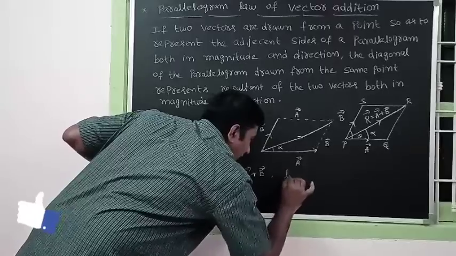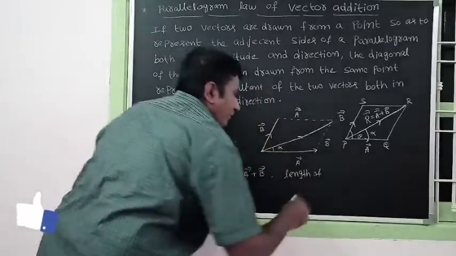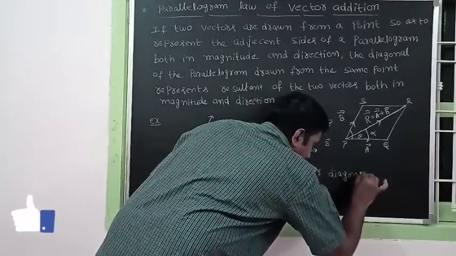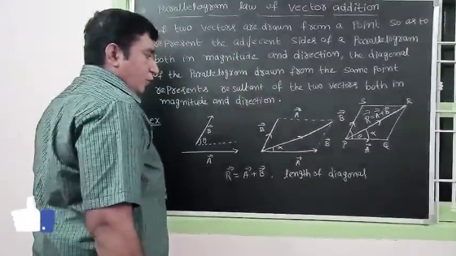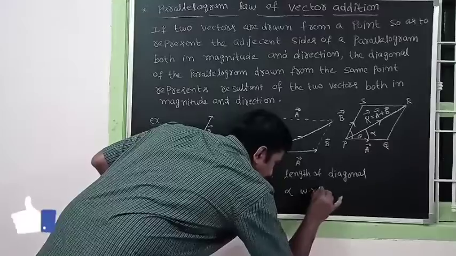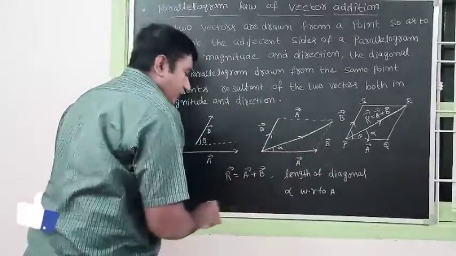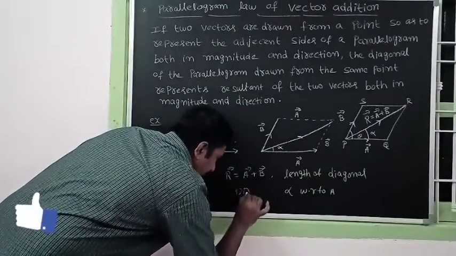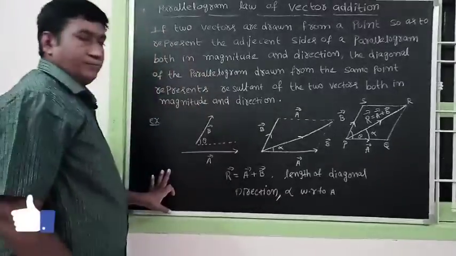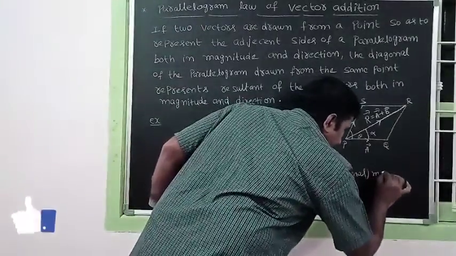It is the length of the diagonal. Then how much angle? That is alpha with respect to A, which is the direction. So the length of the diagonal is nothing but the magnitude.